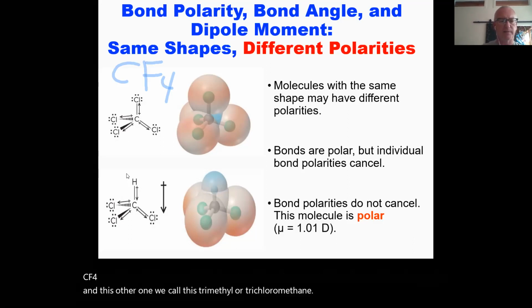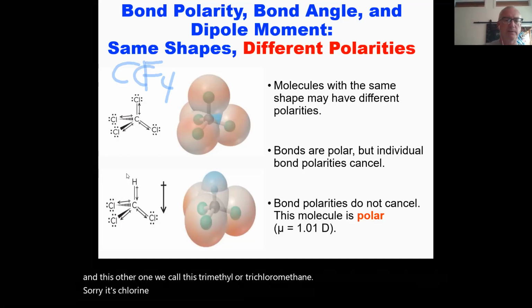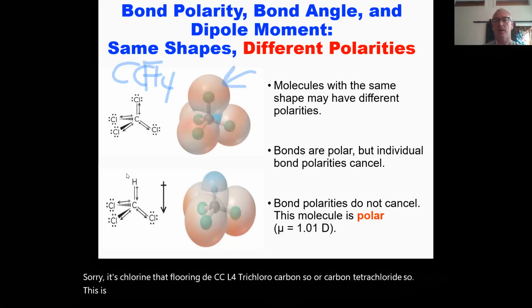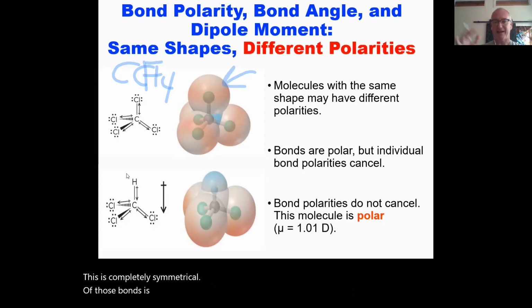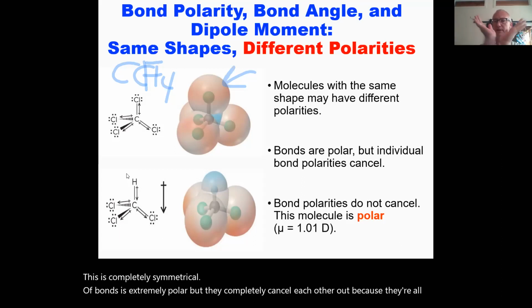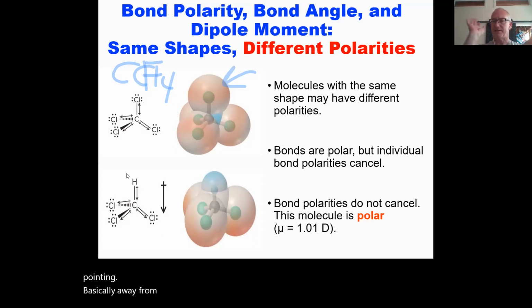Oh, I'm sorry, it's chlorine, not fluorine. Duh. CCl4, carbon tetrachloride. So this is completely symmetrical. Each of those bonds is extremely polar, but they completely cancel each other out because they're all pointing away from each other at exactly the same angle.